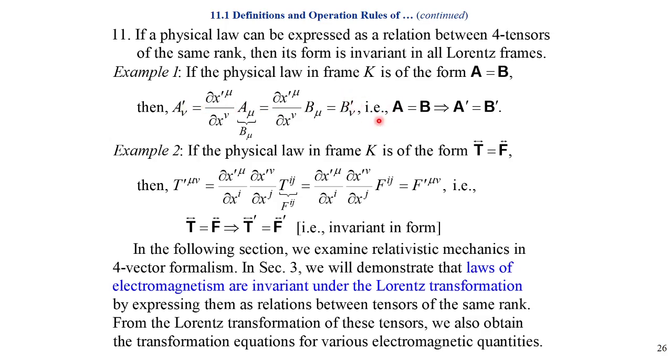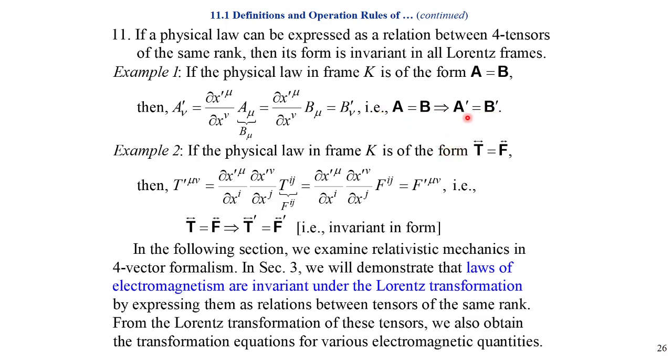Therefore, that means before, and in a new inertial frame, we still have equality. The equation does not change. A physical law does not change. It's always invariant in form. Okay, so that's good news.